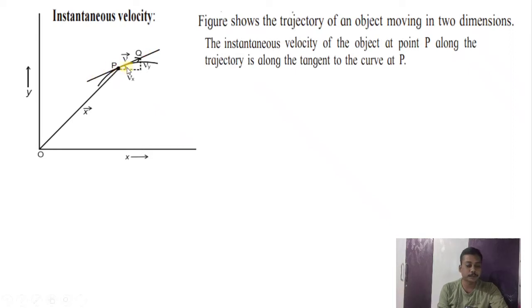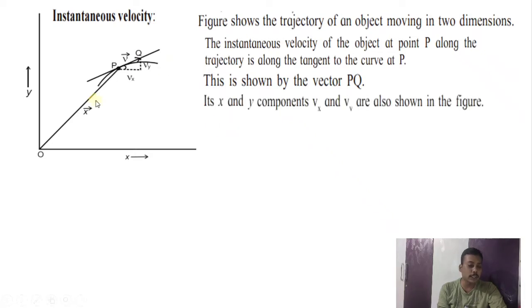Here, the instantaneous velocity of the object at point P along the trajectory is along the tangent to the curve at P. In the diagram we see the trajectory and a tangent drawn to this curve.